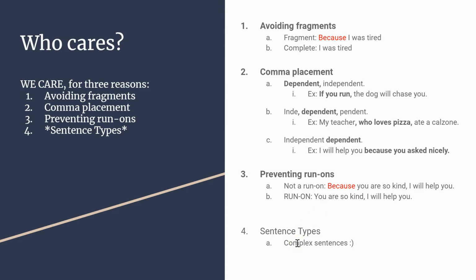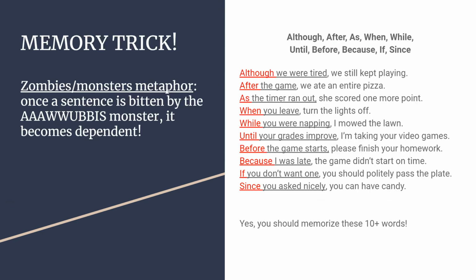And finally, kind of related to all this, we care about independent and dependent clauses because they help us recognize what sentence type is happening. Most of the sentences I have shown you today, including these, are complex sentences. Complex sentences have one dependent clause and one independent clause.